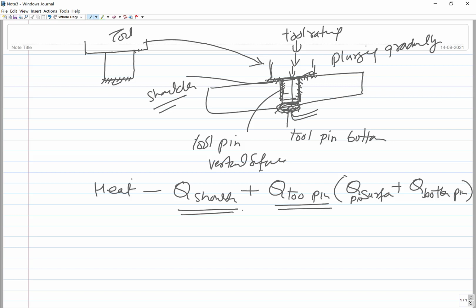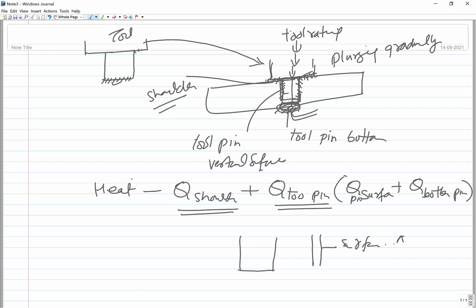In both cases, if you see the tool pin is this one. Dimension-wise, if the tool pin is very small, then the surface area will be less.